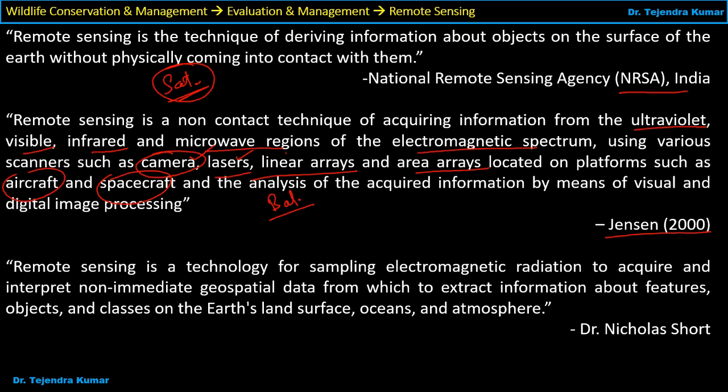So this kind of thing happens in remote sensing, and also in GIS, which I will talk about later on.